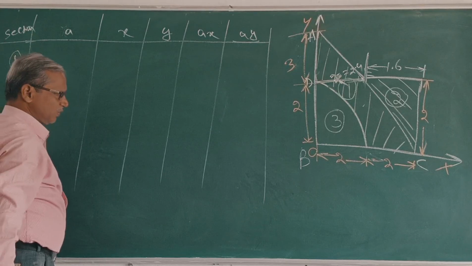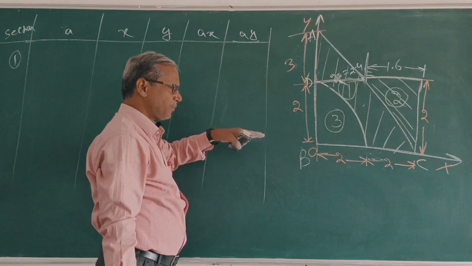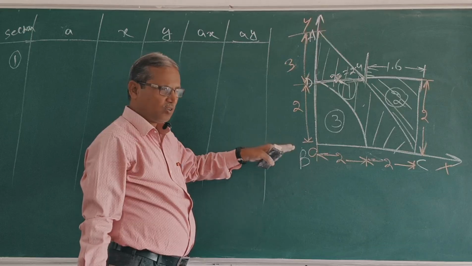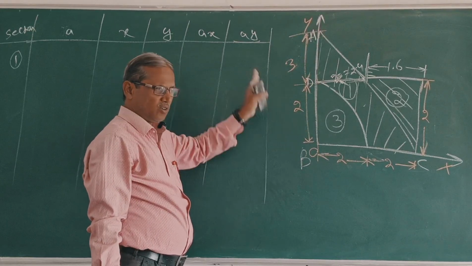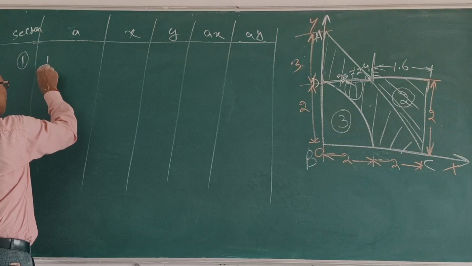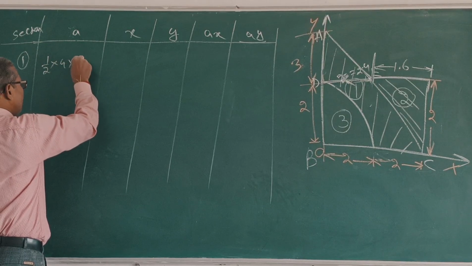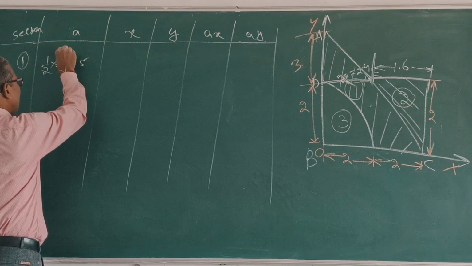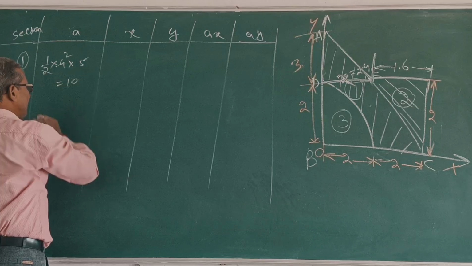For section 1, what is area? Half into base into height. What is area? 10.